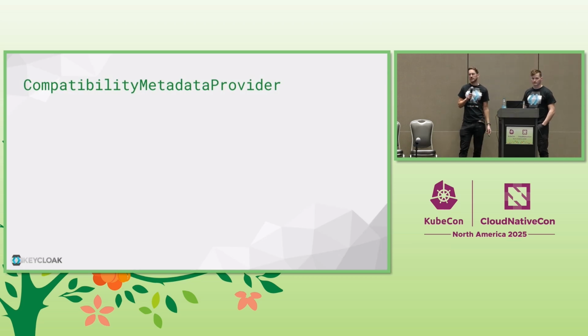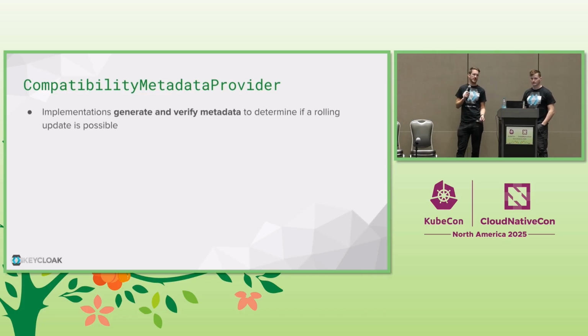So the foundation of our solution is a Java interface, which is called the compatibility metadata provider. The idea is that implementations of this interface generate and verify metadata to determine if rolling updates are possible in a safe way. Within Keycloak, we have multiple implementations of this interface based around Keycloak functionality.